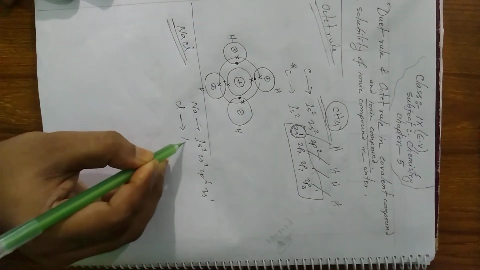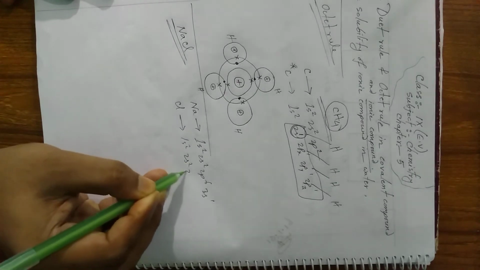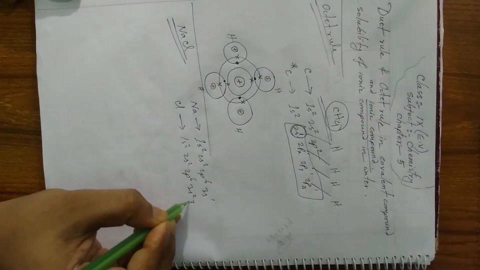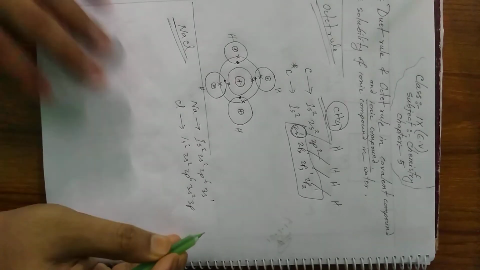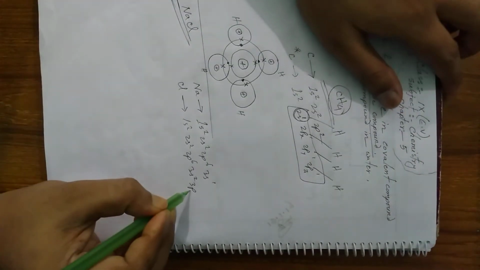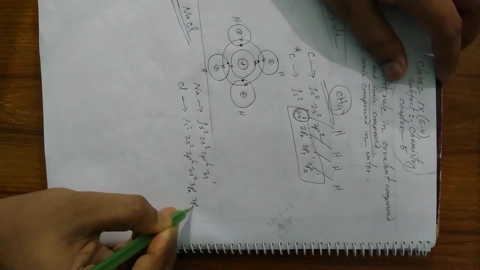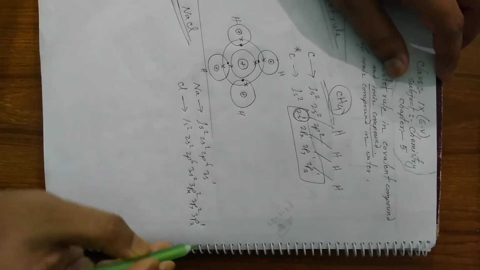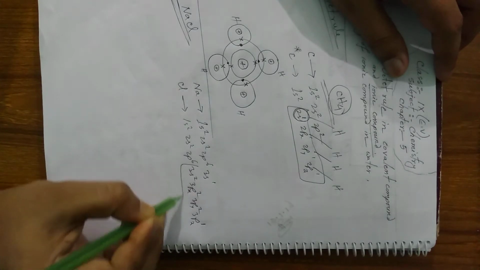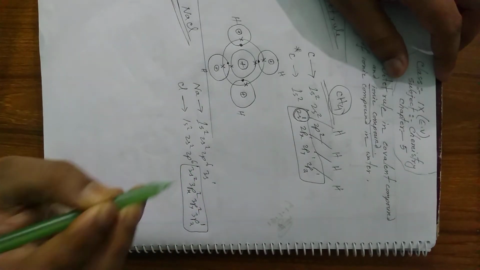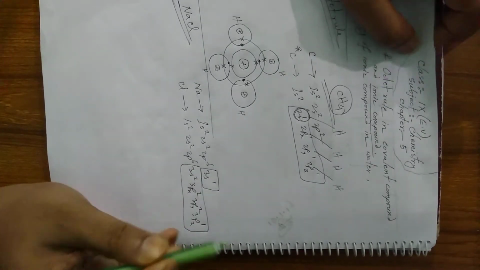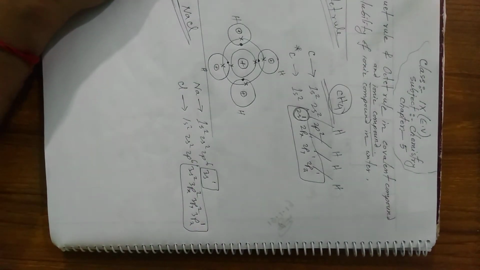Chlorine is 1s2, 2s2, 2p6, 3s2, 3px, 3py, 3pz. So this is the valence shell of chlorine, and this is the valence shell of sodium.